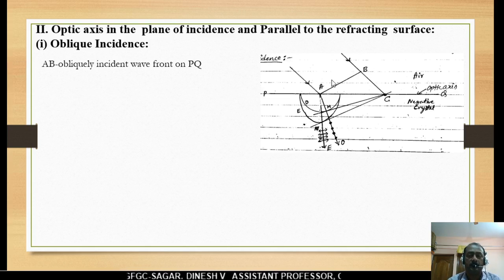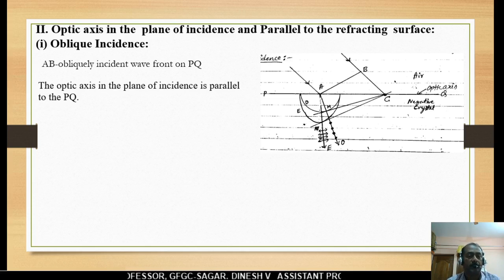Let AB be the plane wavefront incident obliquely on the refracting surface PQ of the negative crystal. The optic axis in the plane of incidence is parallel to PQ.